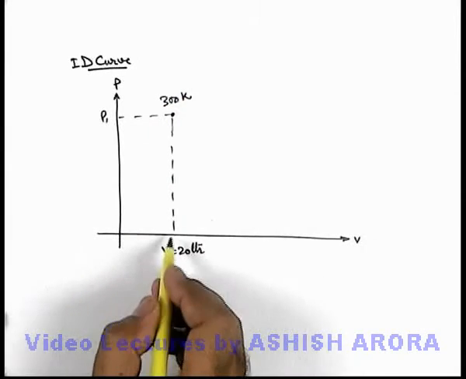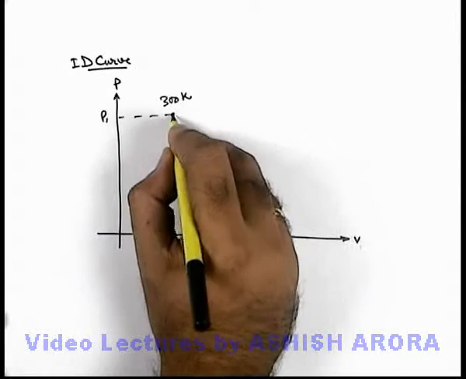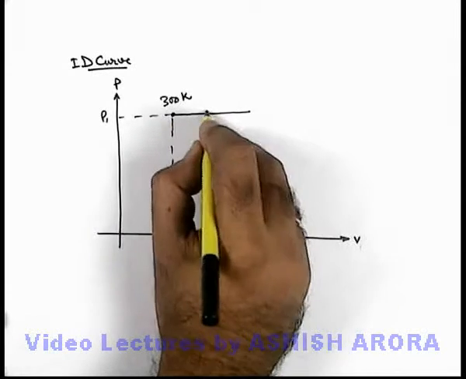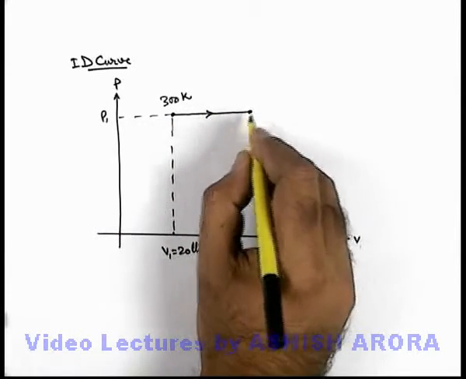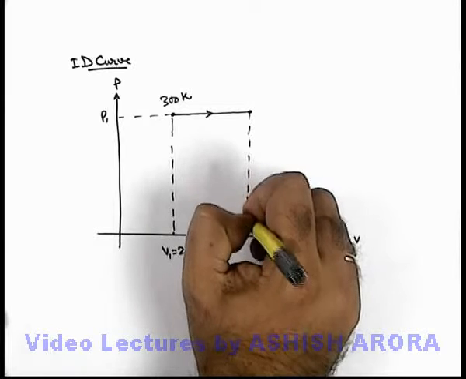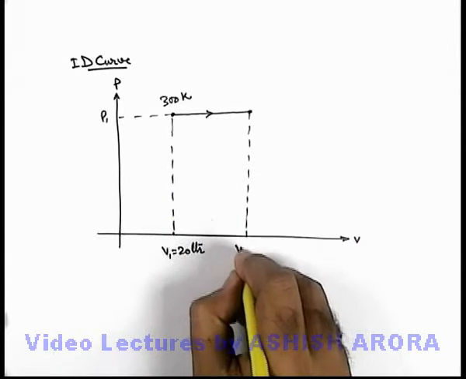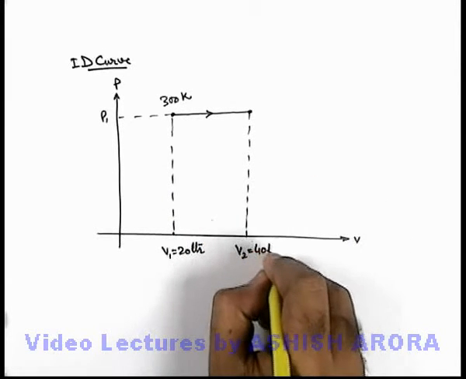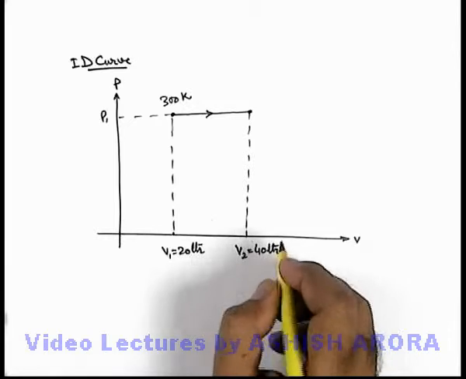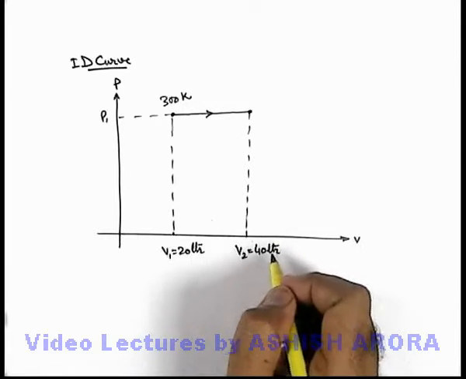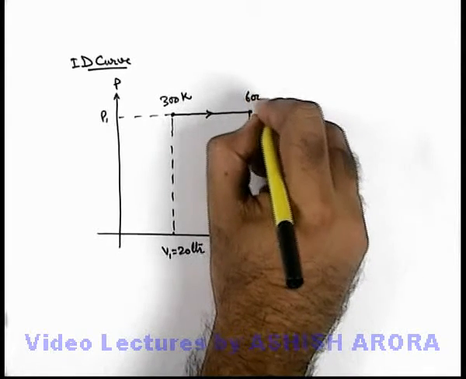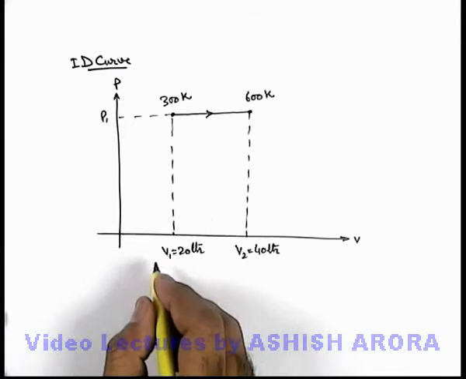Now in this situation, initially the process is isobaric, so it will be a horizontal straight line, till the volume changes to V2, which is 40 liter, because it is given that in state 2 its volume is doubled.